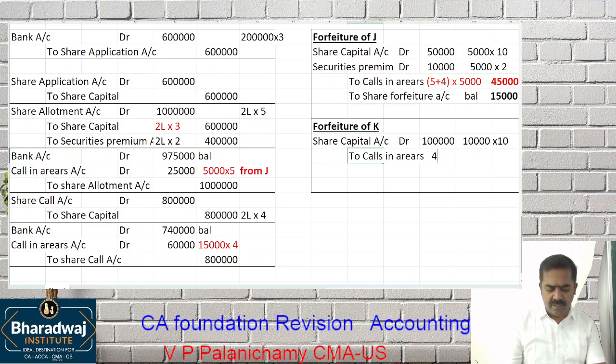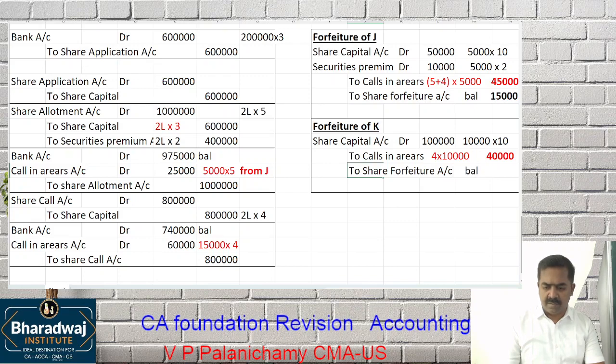Final call. 4 into 10,000. Balance how much will come? 60,000. Balance will go to share forfeiture.